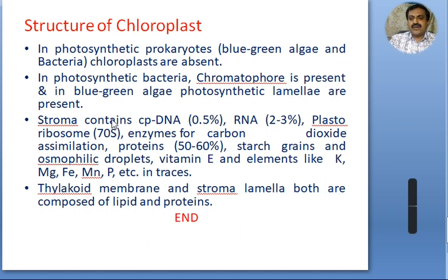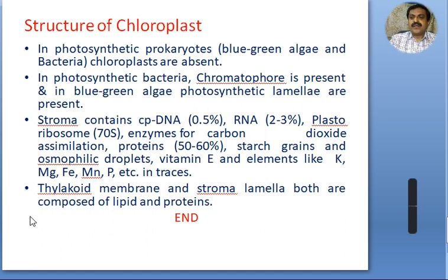Stroma, as I told earlier, contains DNA, RNA, enzymes for photosynthesis, ribosomes, enzymes for carbon dioxide assimilation, proteins, and also vitamin E along with elements like potassium, magnesium, iron, manganese, phosphorus, etc. in very trace quantities. Thylakoid membranes and stroma lamellae are both composed of lipids and proteins. That is why they are said to be lipoproteinaceous membranes.